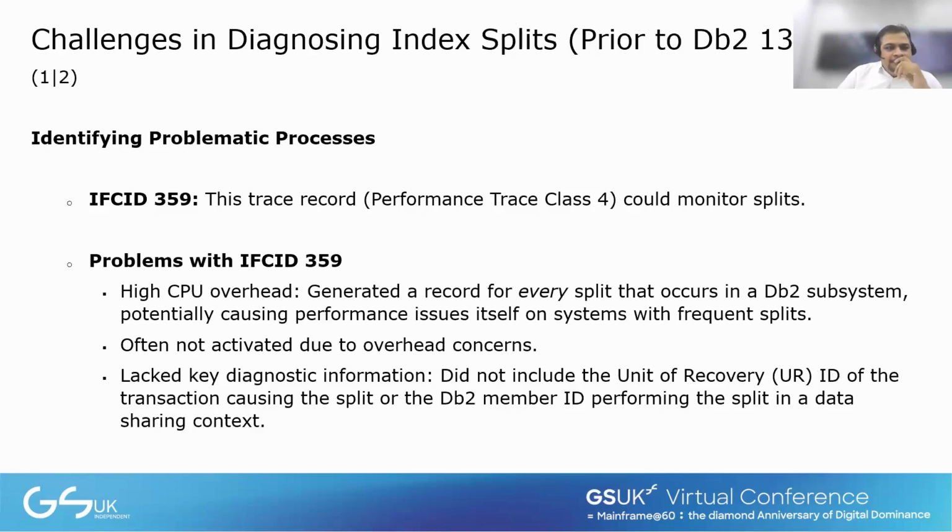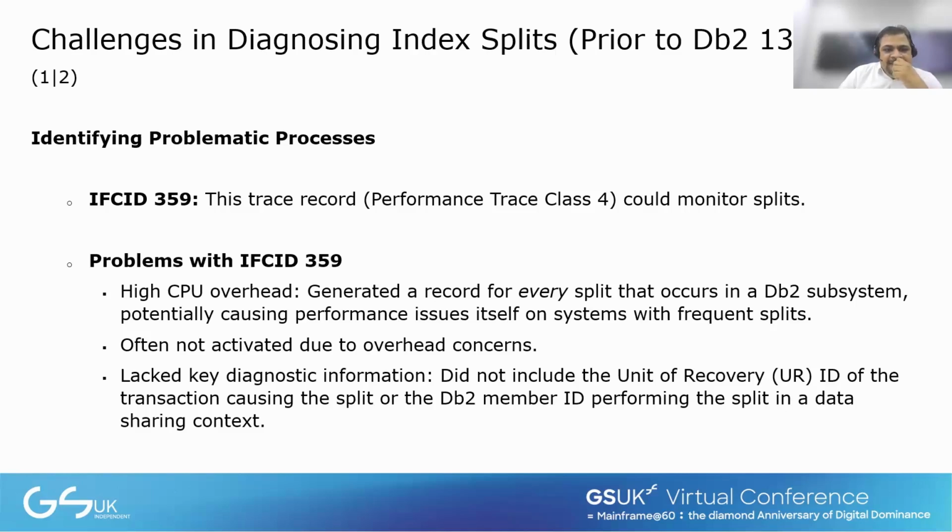What were the challenges? How do you diagnose these splits? It used to be really not so clear before DB2 13. You had a trace record, which was basically a performance trace class 4, which could monitor splits, called IFCID 359.